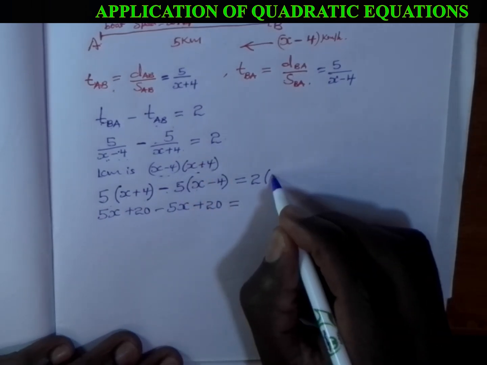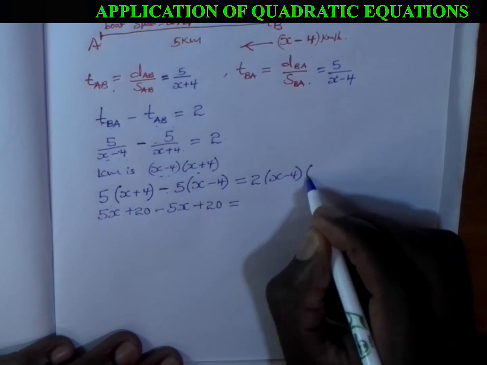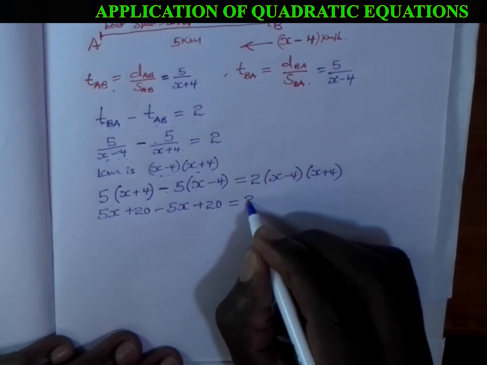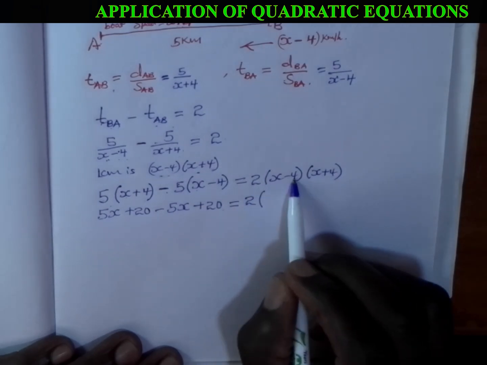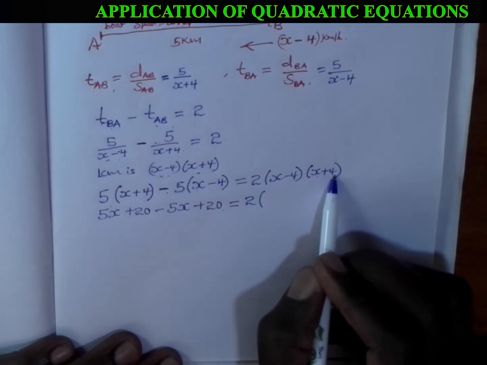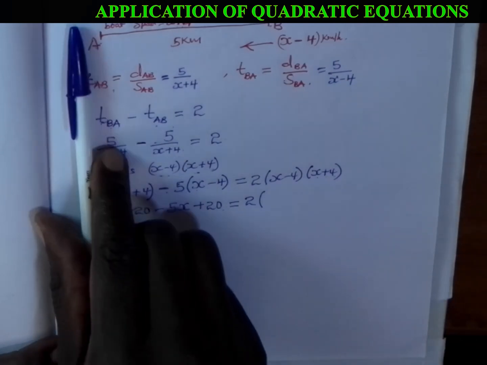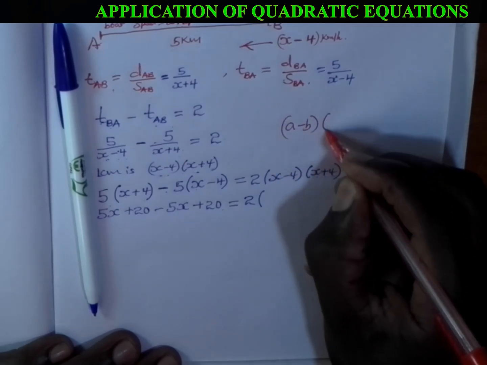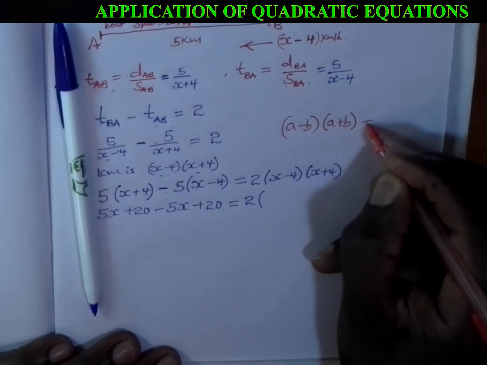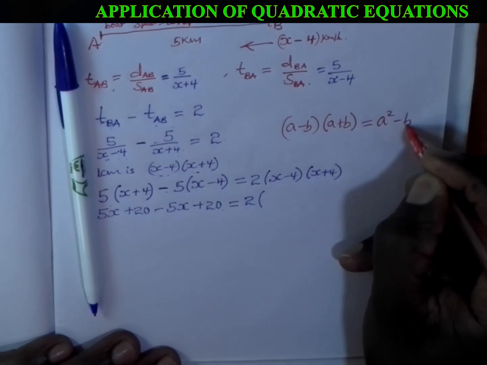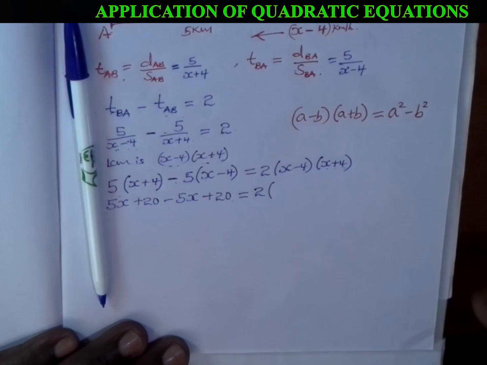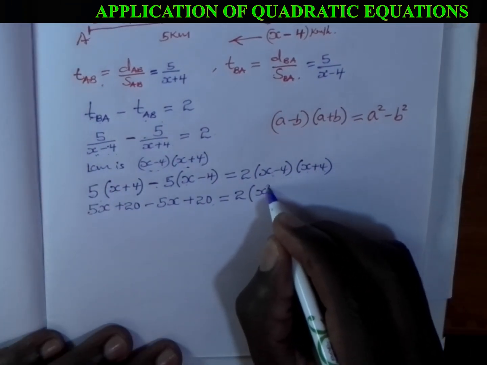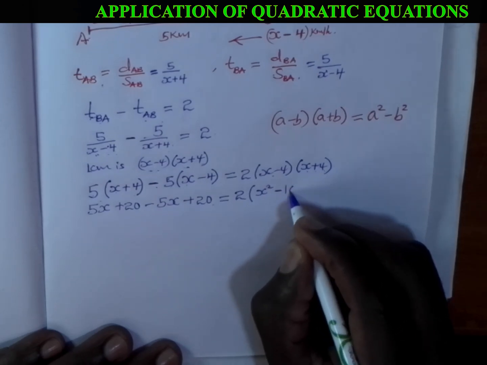So we have x minus 4 multiplied by x plus 4, times 2. So x minus 4 and x plus 4 is the difference between 2 squares, that is a minus b multiplied by a plus b. We will get a squared minus b squared. And therefore, this will be x squared minus 16.